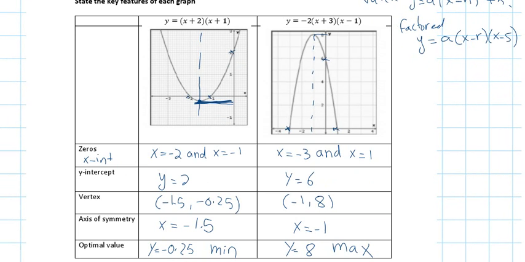If you look at the x-intercepts here, they are negative 2 and negative 1, and in the equation I see 2 and 1. Now, if I look at the x-intercepts here, they are negative 3 and 1, and I see 3 and negative 1. So the zeros are in the factored form, but how are they in the factored form?